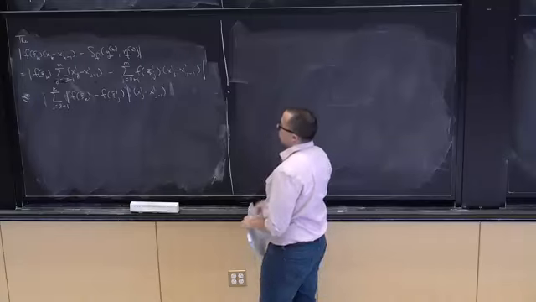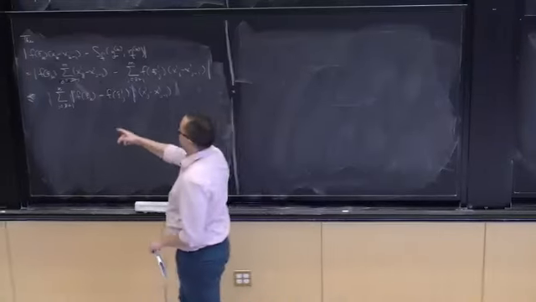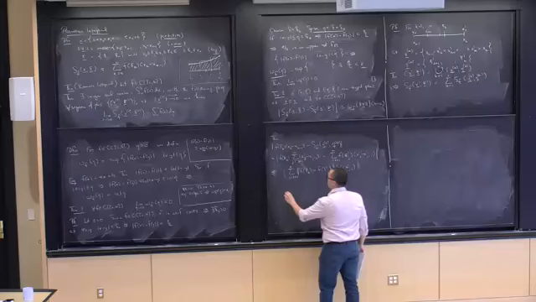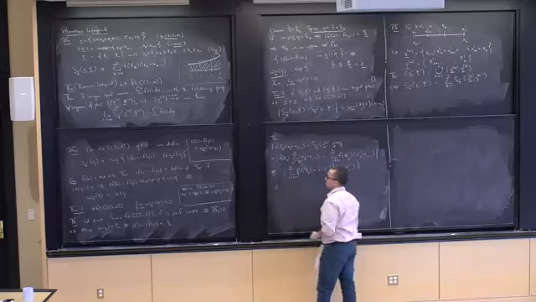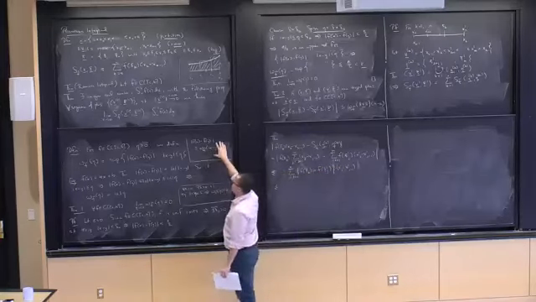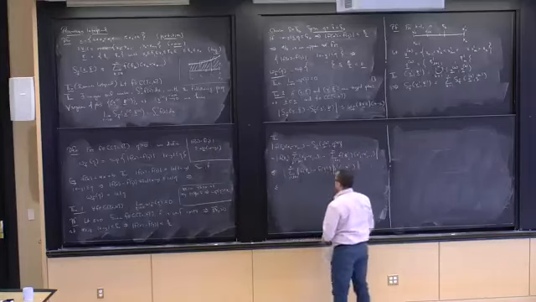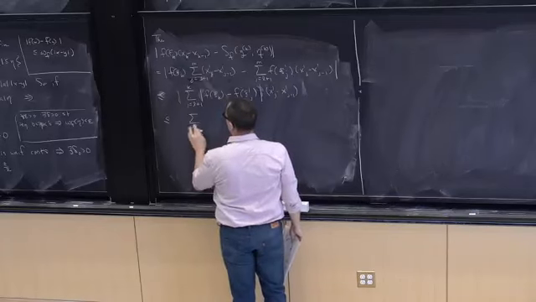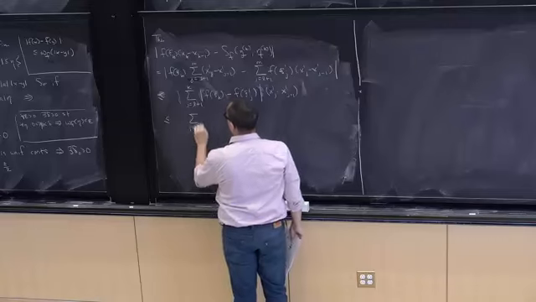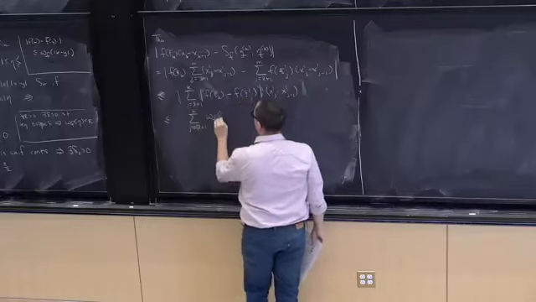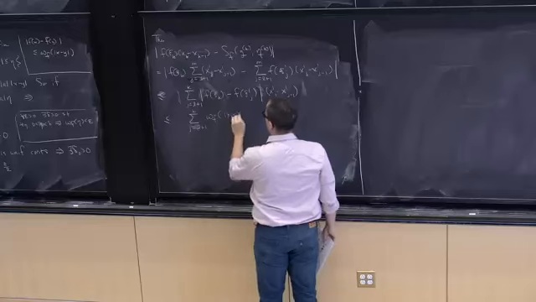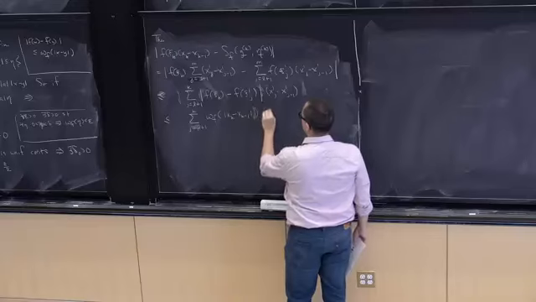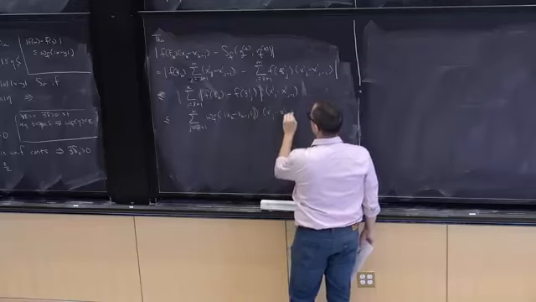Now, xc_k and xc prime_j are both in the interval [x_{k-1}, x_k], and what follows simply from the definition of the modulus of continuity is that this is less than or equal to omega_f of x_k minus x_{k-1} times x prime_j minus x prime_{j-1}.